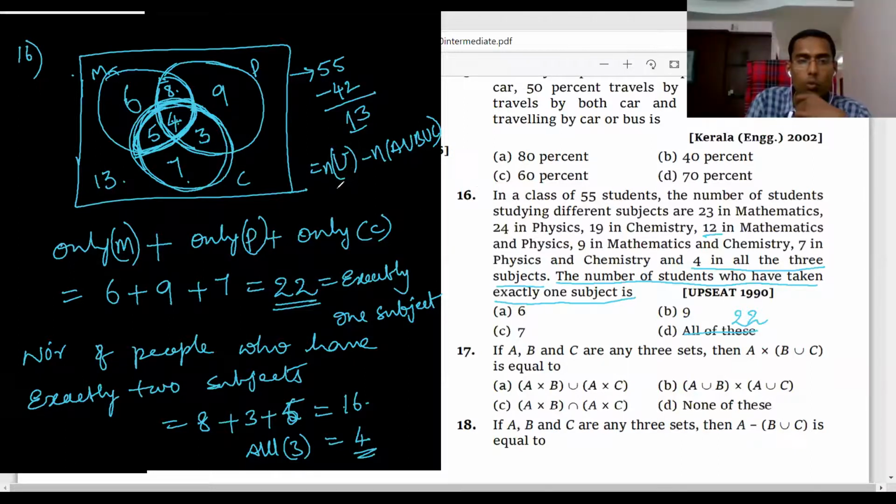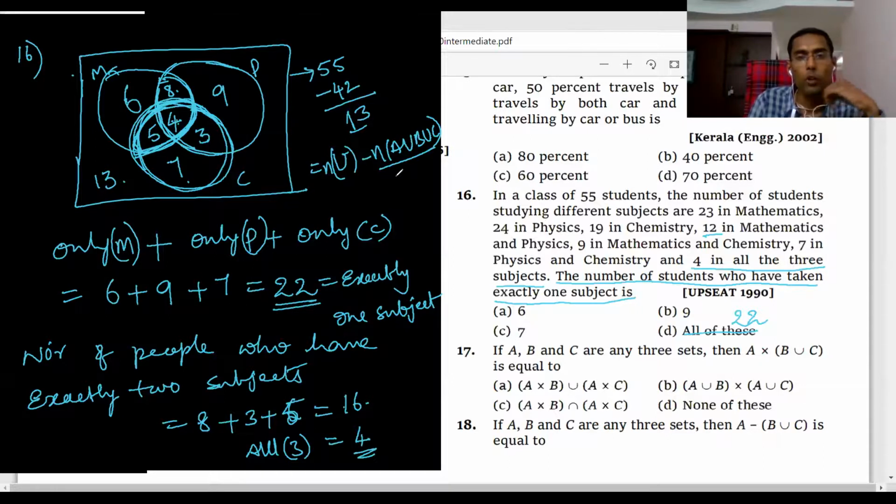Okay, hope you understand. From the universal set, the number of elements in A union B union C. A union B union C means at least one of the subjects. A union B union C is the number of elements in at least.